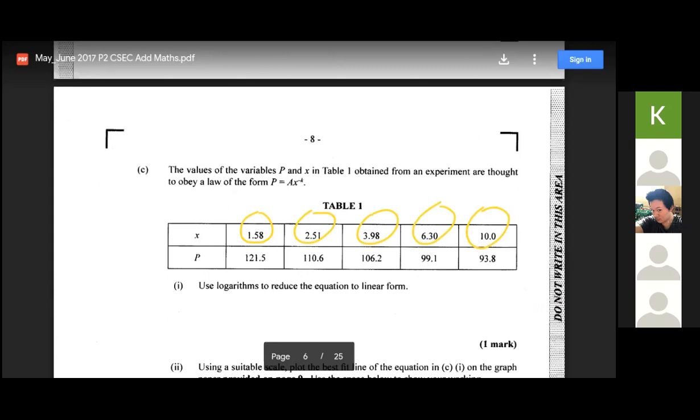Log of x should also be three significant figures. And then this one, you see four significant figures here, right? But if you try to plot a graph with four significant figures, actually no, that would be okay in this case.